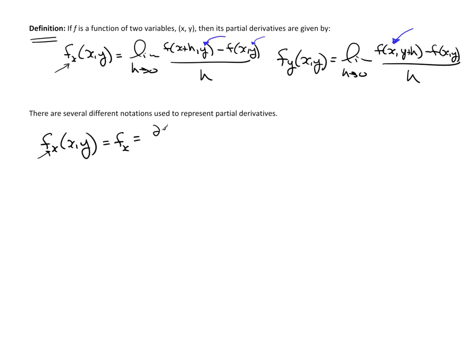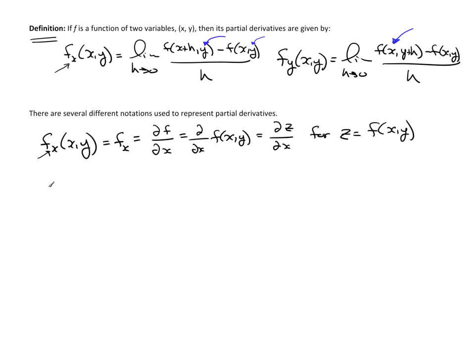But that can also be written as the partial of f with respect to x. And of course I can write that as the partial with respect to x of f of x, y, which I could also commonly write as the partial of z with respect to x, and that's specifically for z being equal to this function of x and y.